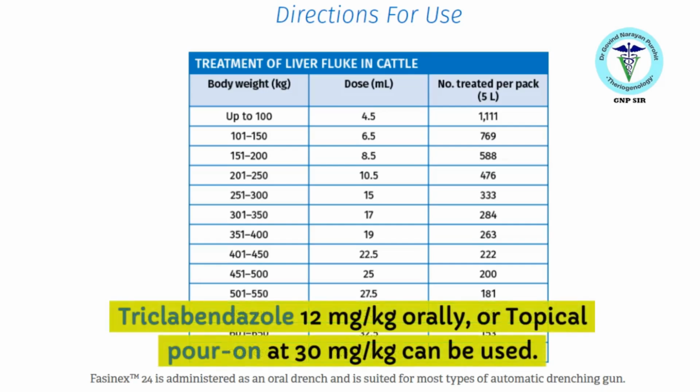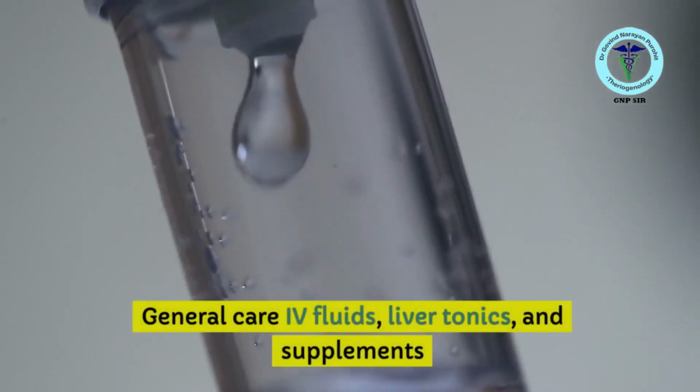Then try clorbendazole 12 milligram per kg orally, or a topical pour-on is available at some places, which can be used at 30 milligram per kg. And this is the dosage schedule for triclabendazole, which is available in some countries.